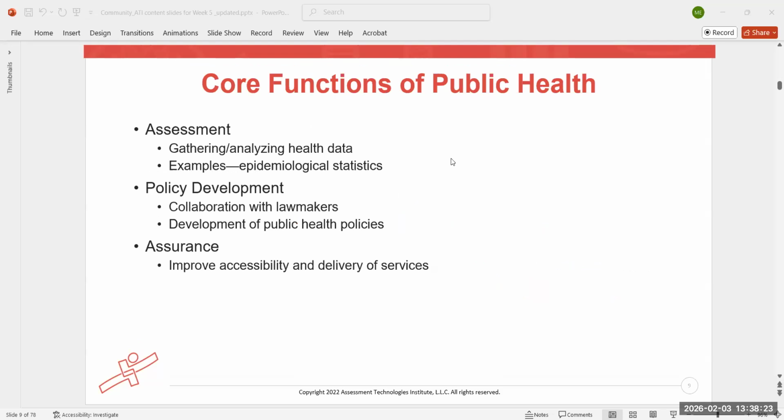There are core functions of public health. And we want to assess. So we want to know what's present, what the issues of our community members are, not just the issues that we feel are needed, but we're going to gather that data.